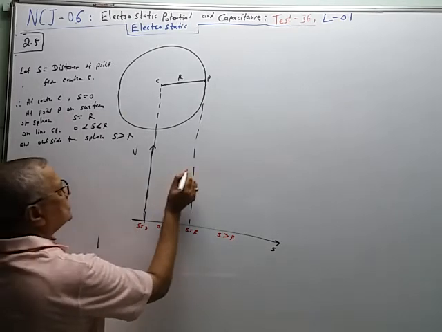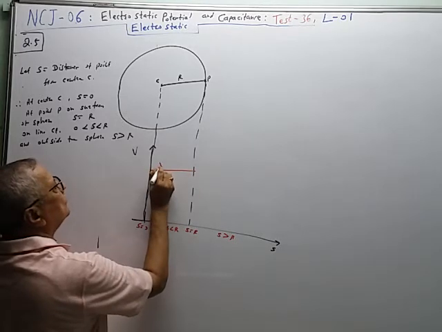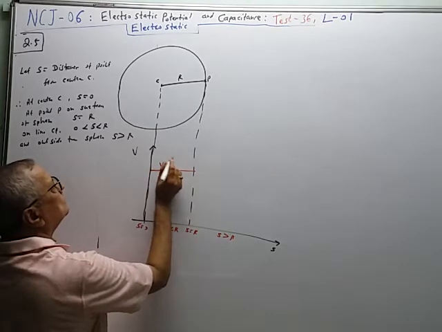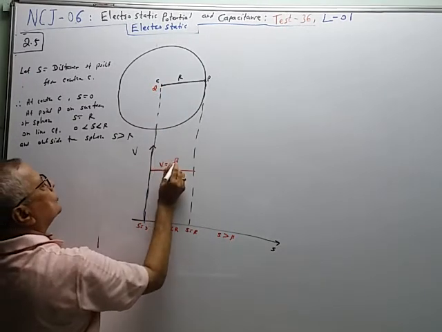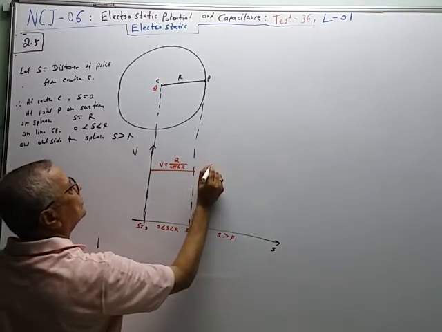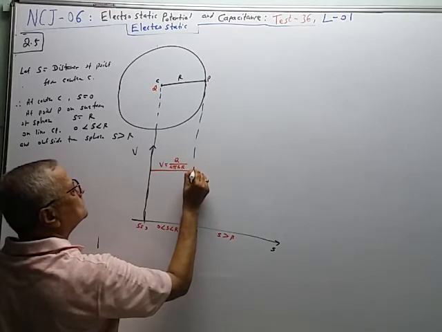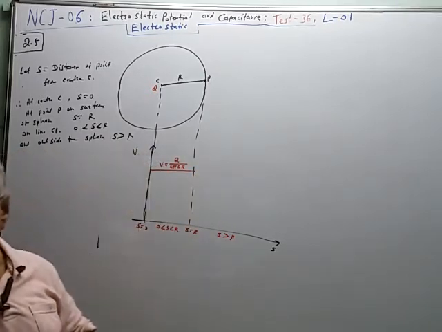So for this region, the potential is constant. At the center, suppose the charge is Q, V is equal to Q upon 4 pi epsilon naught R, and in this region the potential decreases.